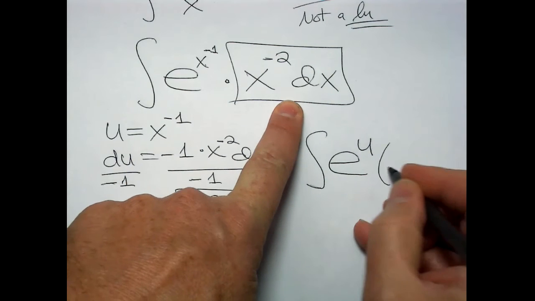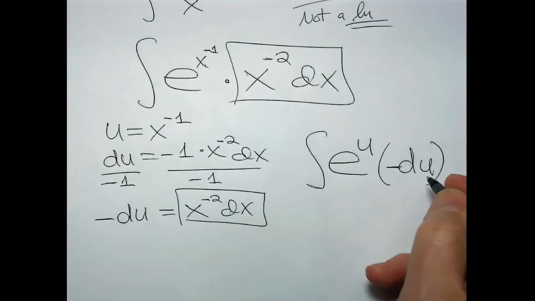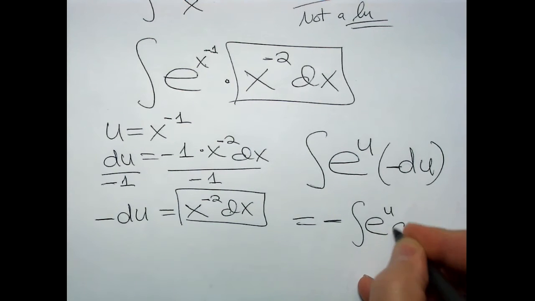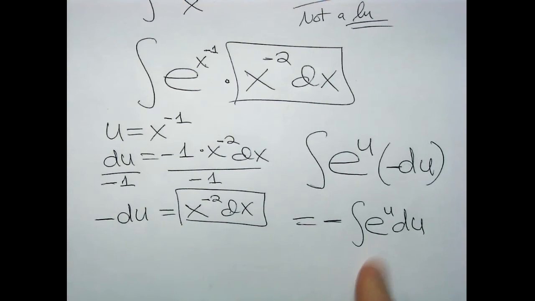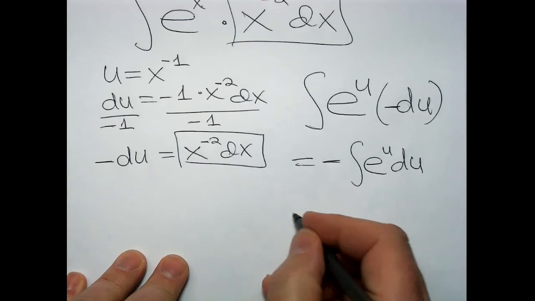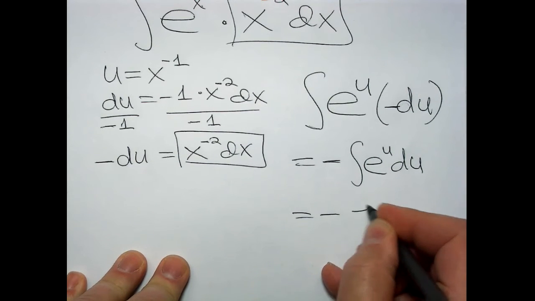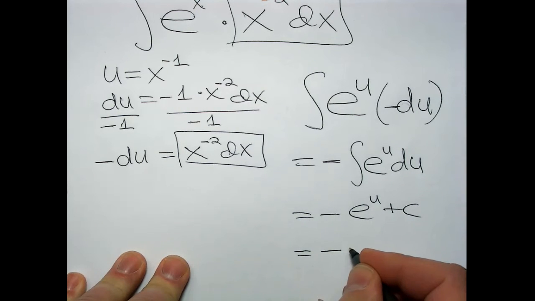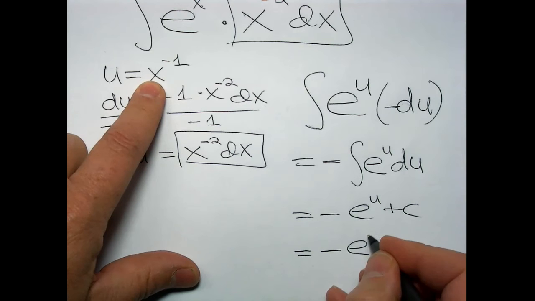From now on, this is negative du. Isn't it funny how we keep running into this particular problem, which really is the easiest integral in calculus? So minus is along for the ride. This becomes e to the u plus a constant. But what was u again? Oh, u was 1 over x.